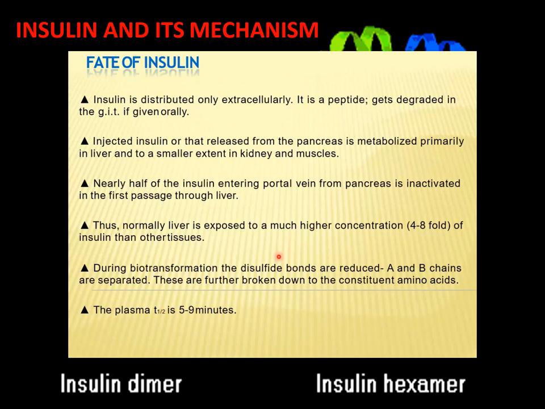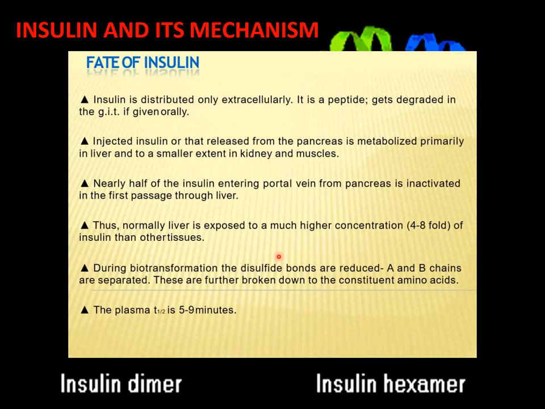During biotransformation, the disulfide bonds are reduced and the A and B chains are separated. When insulin travels a long distance far from the liver, the activity becomes less. These are further broken down to constituent amino acids.